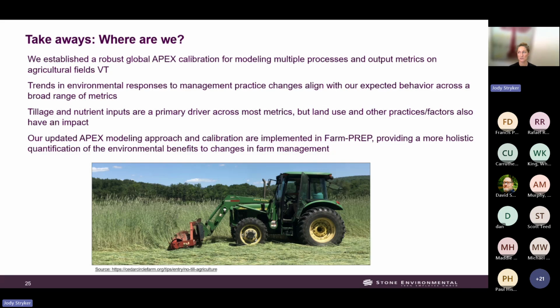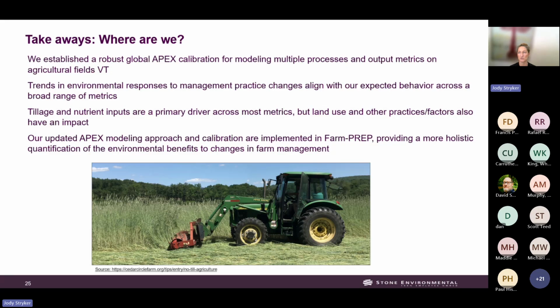So where we've got to with this work includes establishing a robust global APEX calibration for modeling multiple processes and output metrics on agricultural fields in Vermont. We see that trends in environmental responses to management practice changes align with our expected behavior across a broad range of metrics.